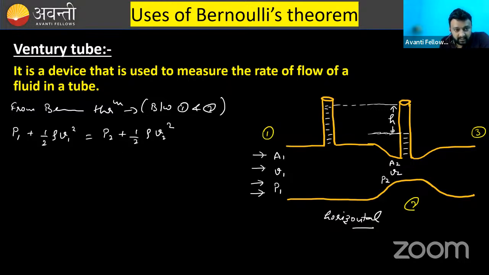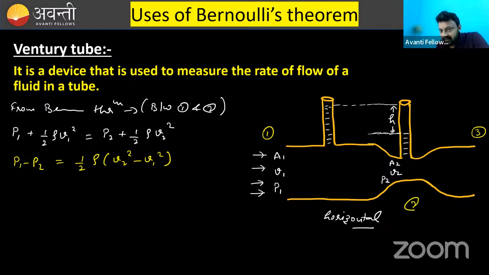Now you can see that if I transfer some terms, it will become P1 minus P2 equals half rho times V2 square minus V1 square. Clear? Now P1 minus P2 is the pressure difference. Due to this pressure difference, the level of liquid rises to a different level in both the tubes.